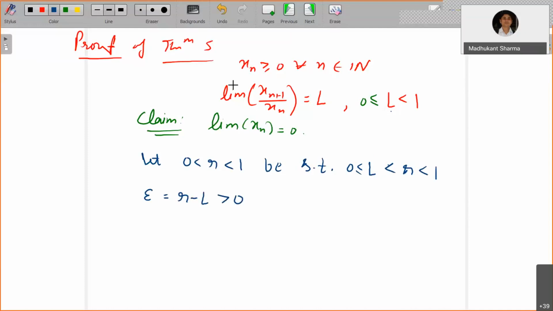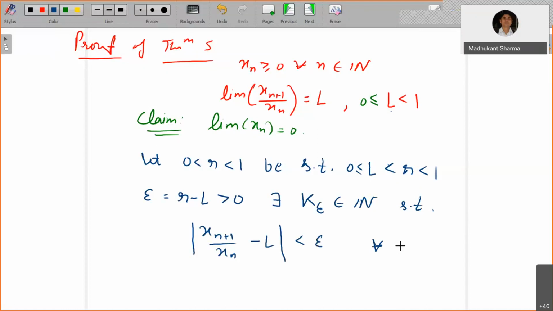Now, since the limit of xn plus 1 by xn is equal to L does exist, there exists a k epsilon in N such that the modulus of xn plus 1 by xn minus L is less than epsilon for all n greater than or equal to k epsilon.